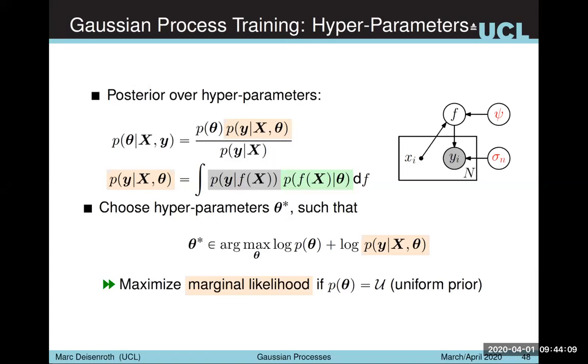So then these things are identical. Or if you make the variance of the Gaussian prior tend to infinity, that would be equivalent to a uniform prior that has equal probability mass everywhere. Yes, please, there's a question.